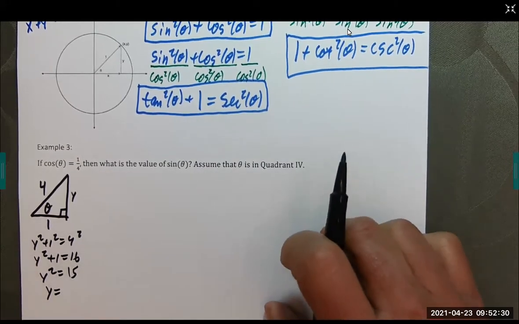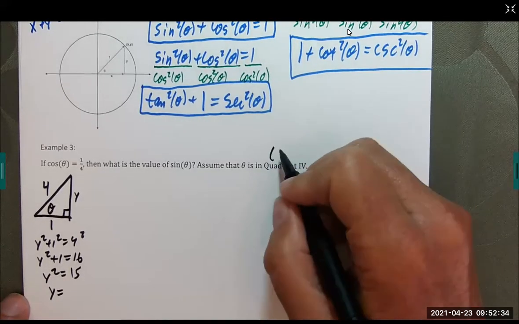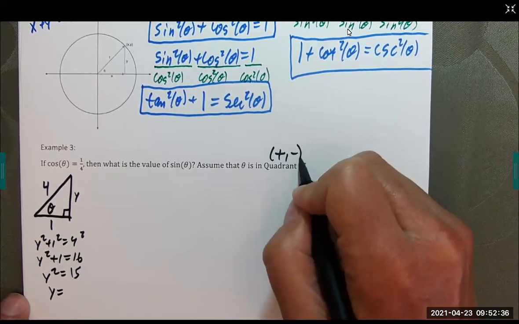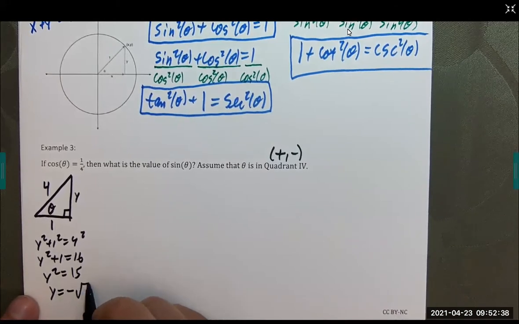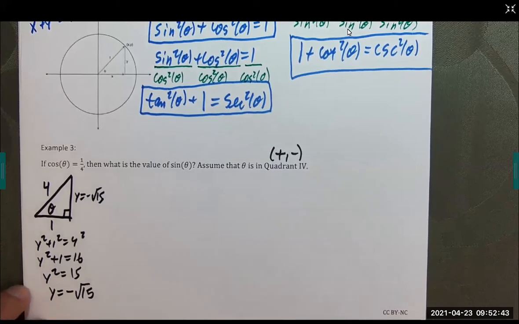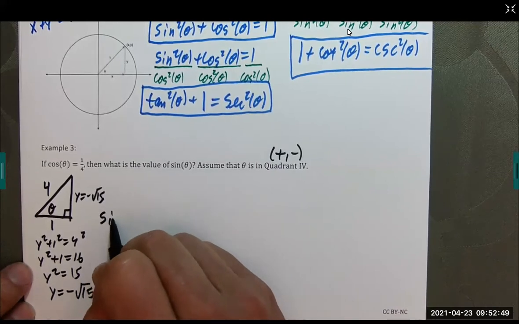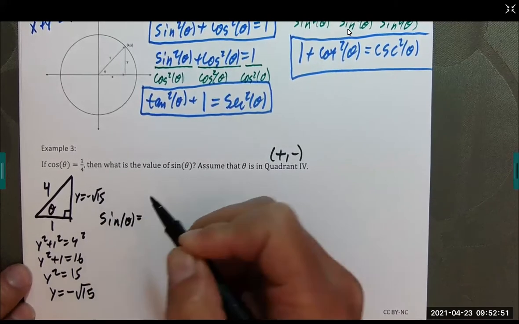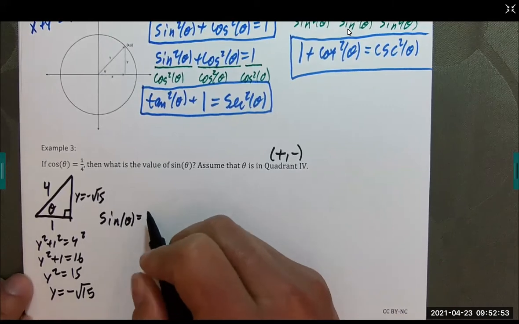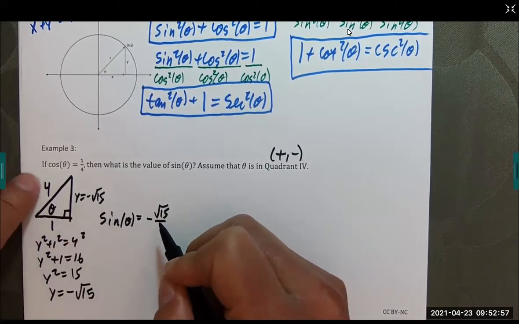Now, y in quadrant 4 is negative, right? In quadrant 4, we have that x is positive and y is negative. So y is going to be negative root 15. And from this, we can conclude that the sine of theta is negative root 15 over 4, the opposite over the hypotenuse.